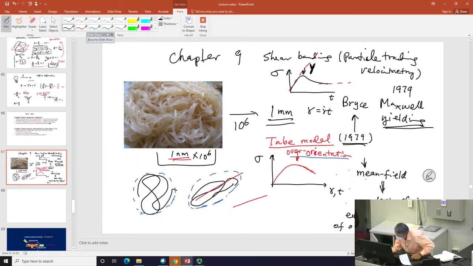What is the effect of other chains? If you recall, it gives you a tube confinement. The polymer, according to this model, lives in a world of tube.